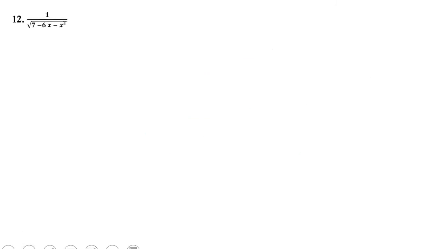The next question is 1 by square root of 7 minus 6x minus x square. So let us write I is equal to integral dx divided by square root of, here if you see this is minus of x square plus 6x. So here we can write this as minus of x plus 3 the whole square. To write that we have to add and subtract 9.